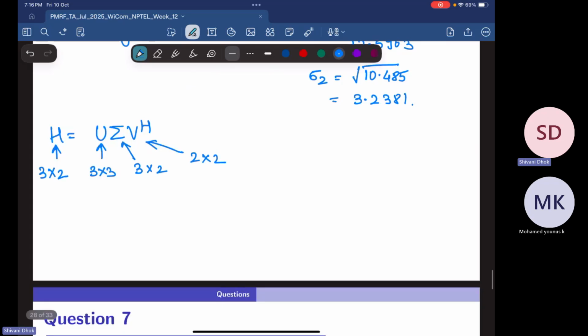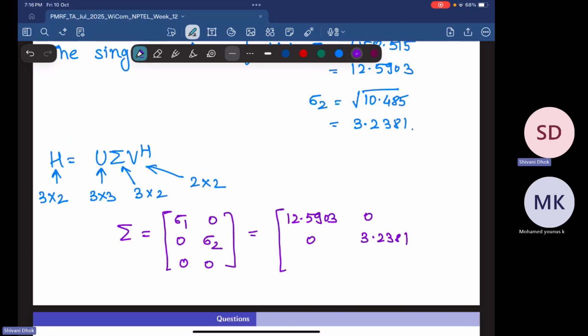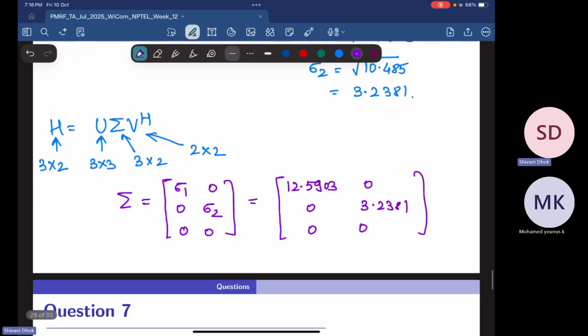So then your matrix sigma comes out to be sigma 1, 0, 0, sigma 2, and 0, 0. Okay. So this comes out to be 12.5903, 0, 0, 3.2381, and 0, 0. Now you have only two non-zero singular values.